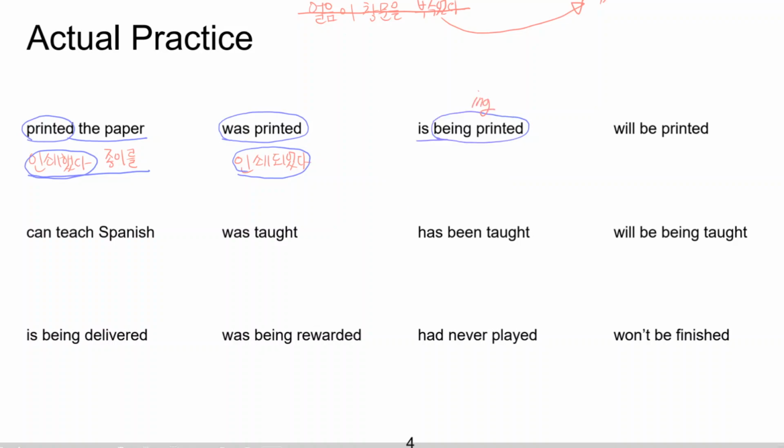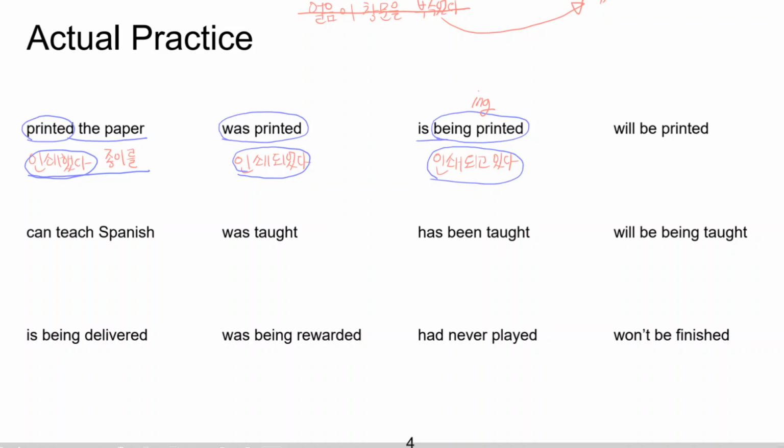So we need a little underline here, right? What does this mean? 인쇄되고 있다. Because it is in present continuous and it is in passive voice. 인쇄되고 있다.